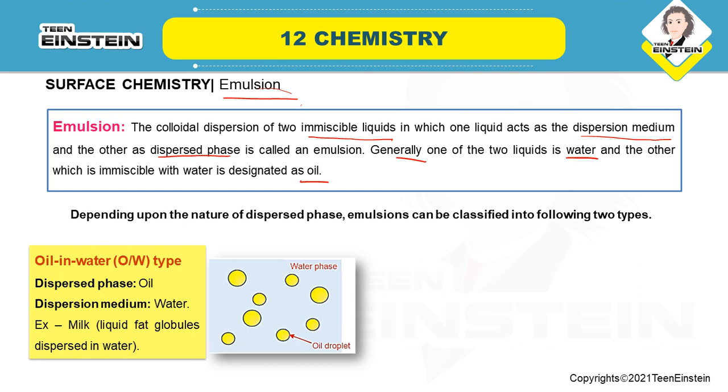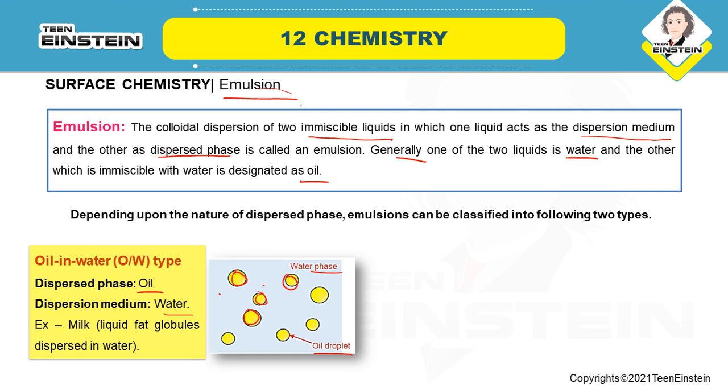As oil is the dispersed phase, it will remain in lesser amount, and the medium is water. Here you can see the medium in light blue color. This is the water phase, that is the dispersion medium. And here we have some oil globules. So this is the dispersed phase.